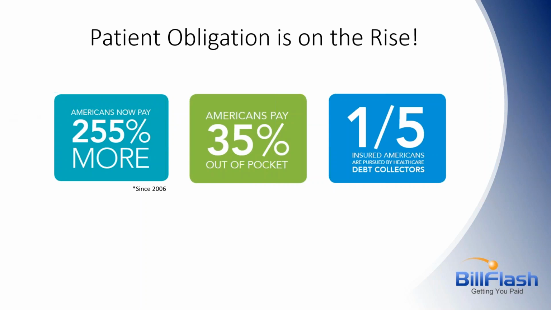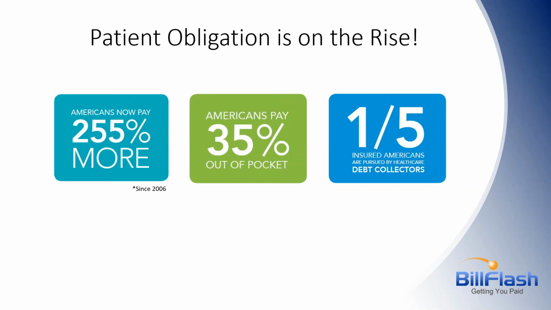The amount a consumer must pay now before a health plan pays any portion of their bill has increased by 255% since 2006. Today's American healthcare consumer pays almost 35% of medical expenses out of pocket. That's triple the amount since 1980.